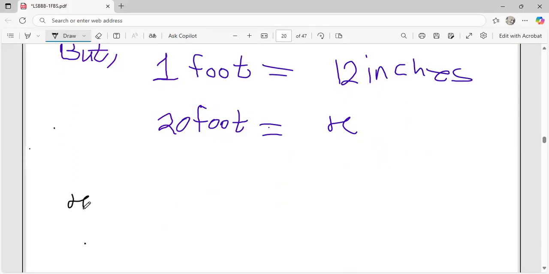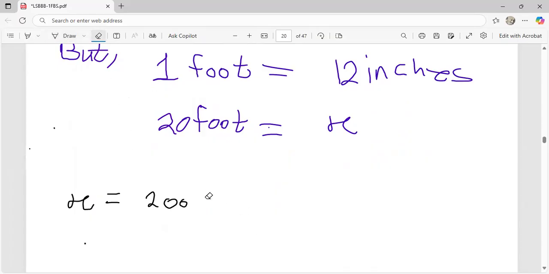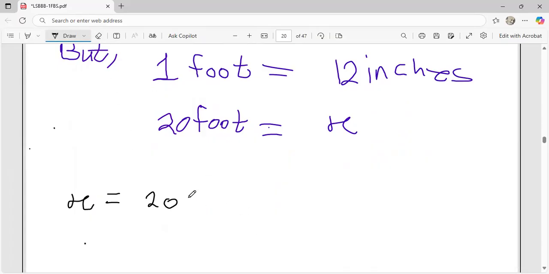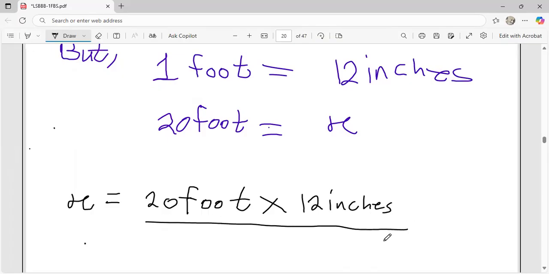So in doing so, what is x going to become? You realize that your x is now going to be equal to 20 foot times 12 inches all over 1 foot.